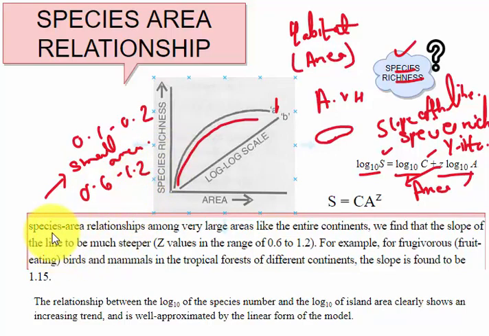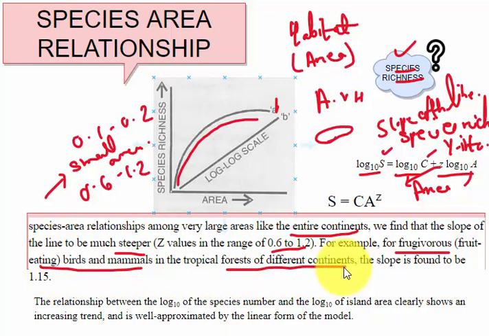So here I have mentioned one statement: in the species-area relationship among very large areas like the entire continent, we find that the slope of the line is much steeper. So the Z values range from 0.6 to 1.2. For example, for frugivorous, that is fruit-eating, birds and mammals in the tropical forests of different continents, the slope is found to be 1.15.